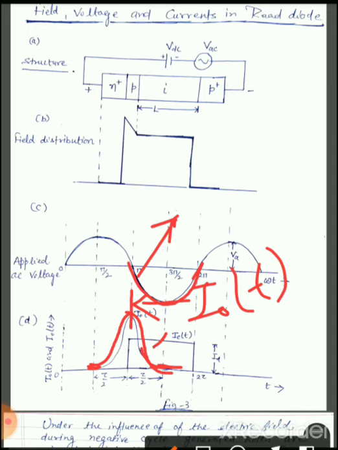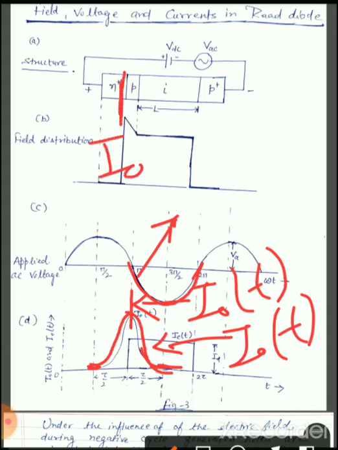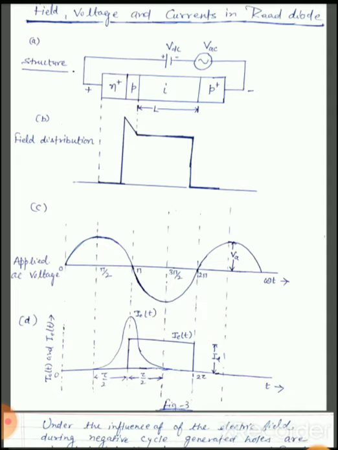So this is the current I0(t) represented here. The current I0(t) is the current at the junction only, having the form of a pulse of very short duration.